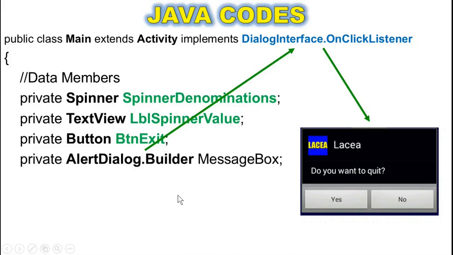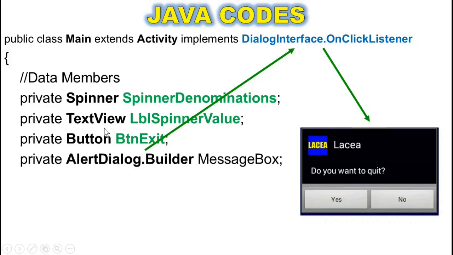That's why I declared an object named spinnerDenominations using the Spinner class. I wanted to set or display the feedback in the TextView with the ID name lblSpinnerValue. That's why I declared an object named lblSpinnerValue, which is the same name as the TextView ID, using the TextView class.